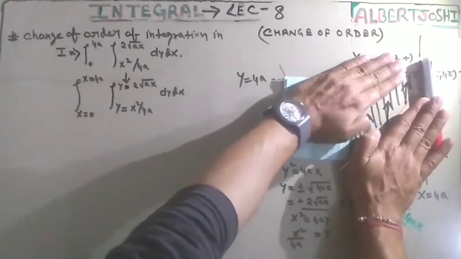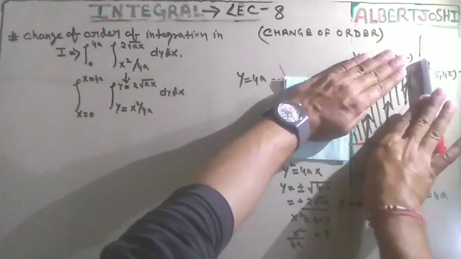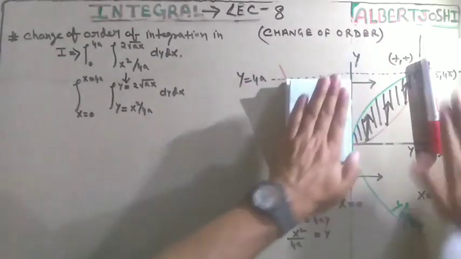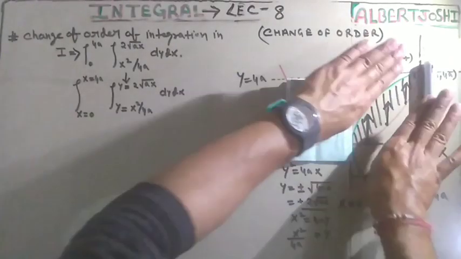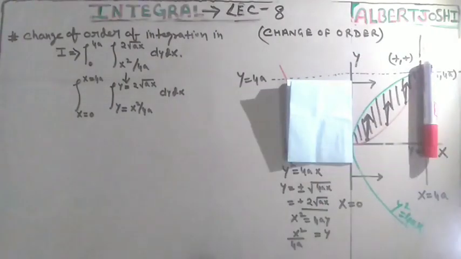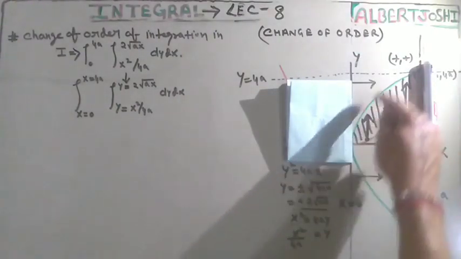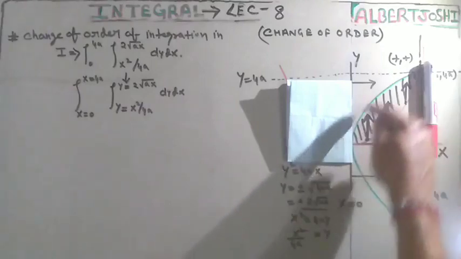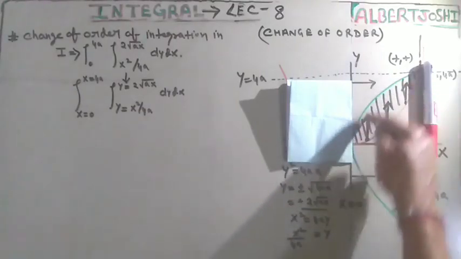So the shaded portion is coming. Are you looking at my shaded portion? At first we use this to this, then this portion to this portion. You are finding the shaded portion, how many points, how many pixels, are inside it.